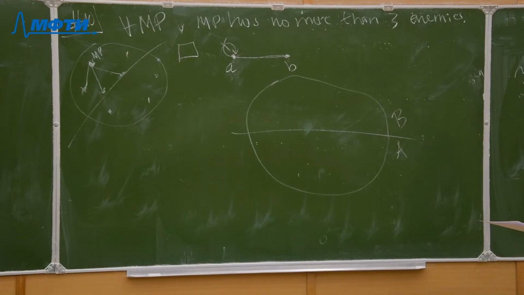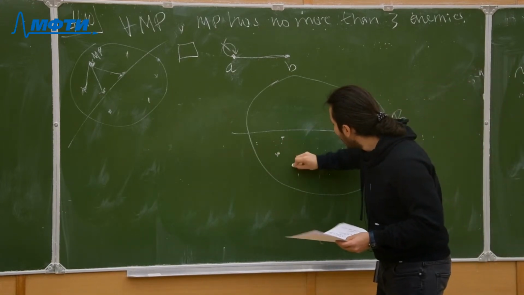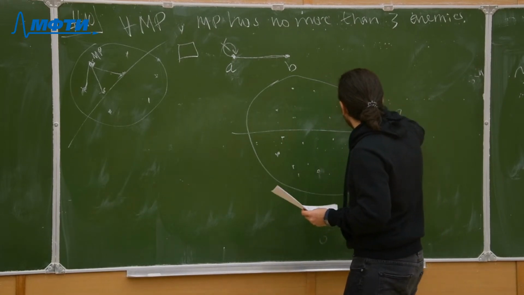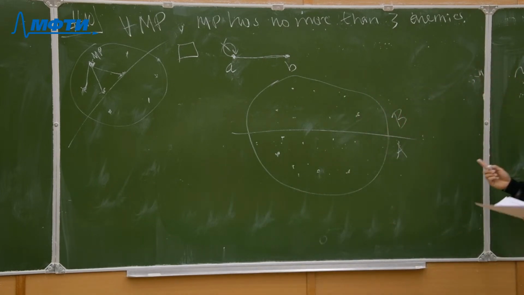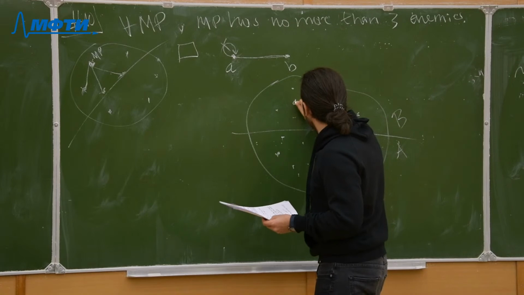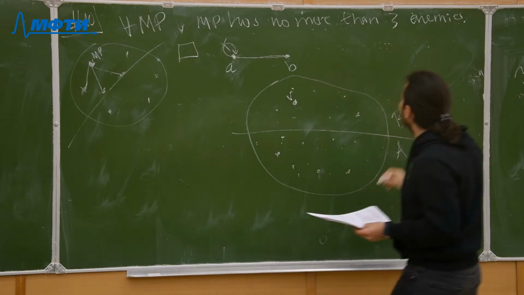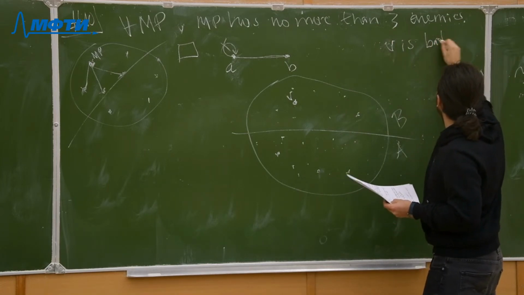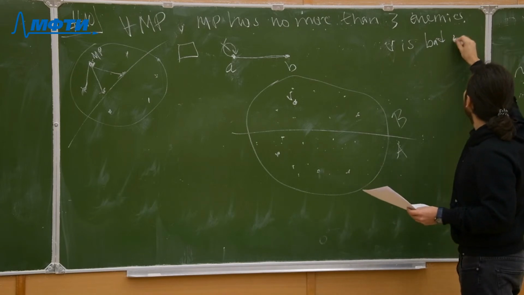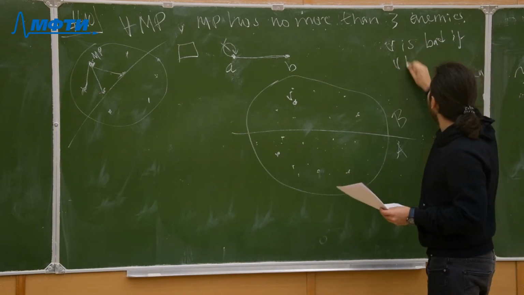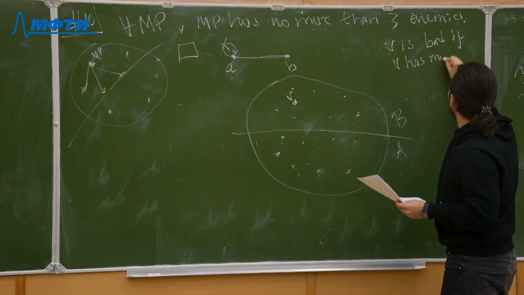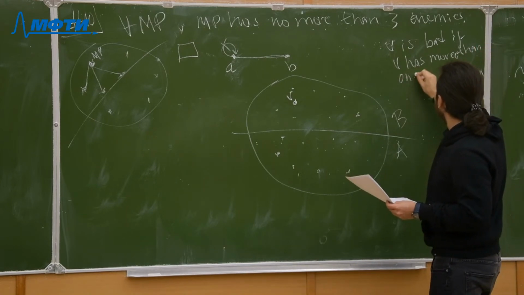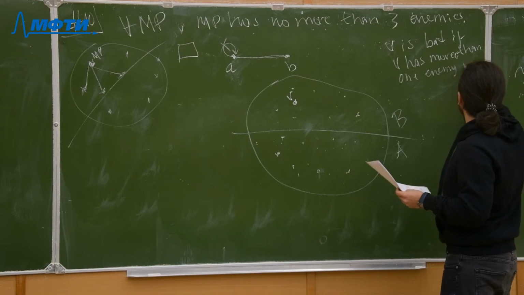Now in each of these groups, I have some members. And I'm going to say that a member, for example, a member V, is bad if V has more than one enemy on his side.